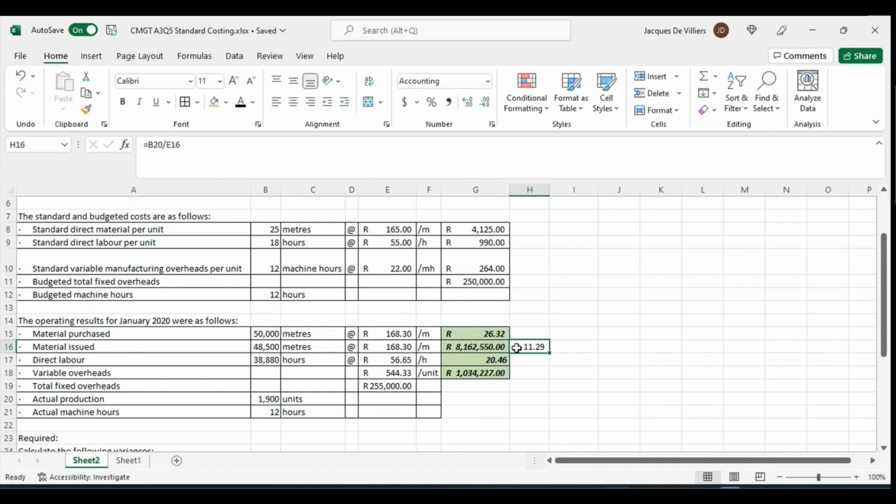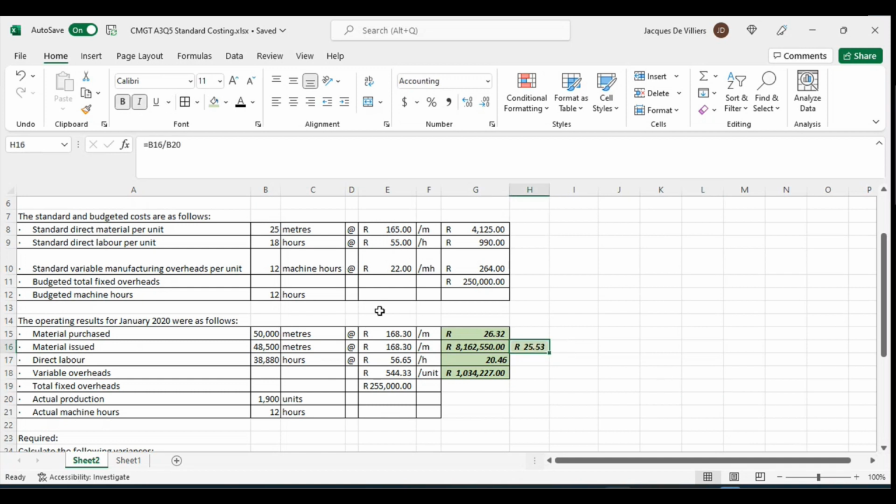No, I'm doing something wrong. Sorry, can I just check here what I did? It was B15. I must do it the correct way around. It's equal to this divided by the hours.